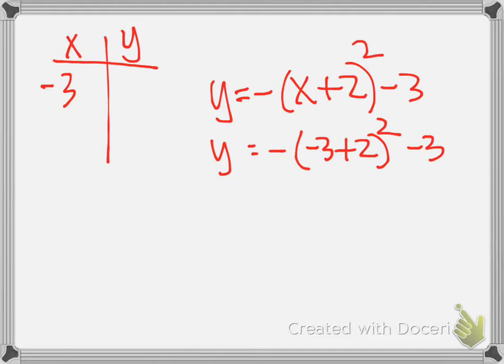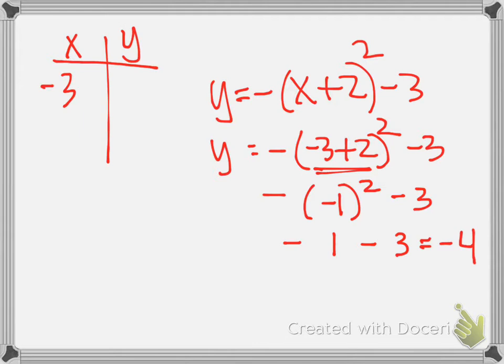So you go, alright, combine this stuff. So you get -1. Now do exponents. -1 squared. -1 times -1 is 1. So this is 1. And then I'm going to times it by this negative. So I get -1. And then I subtract 3. And I get -4.